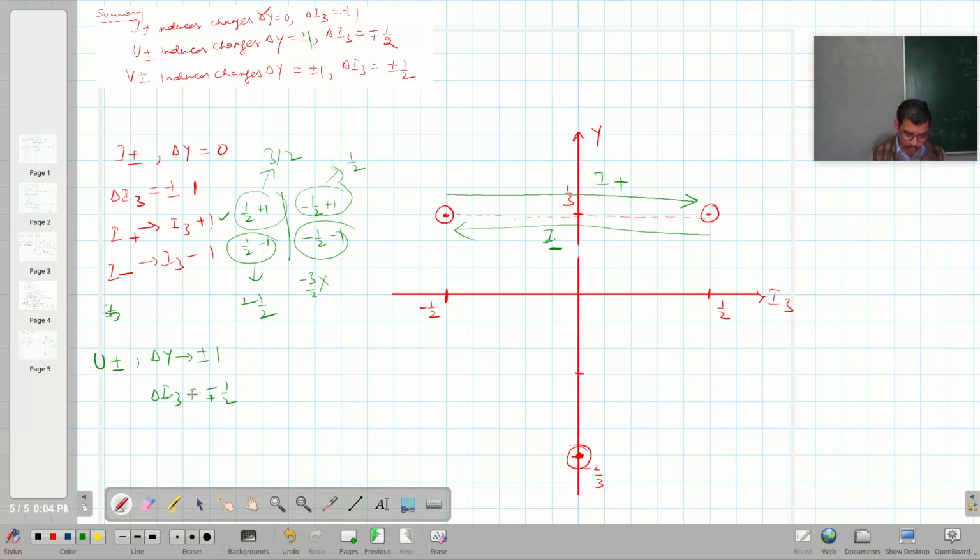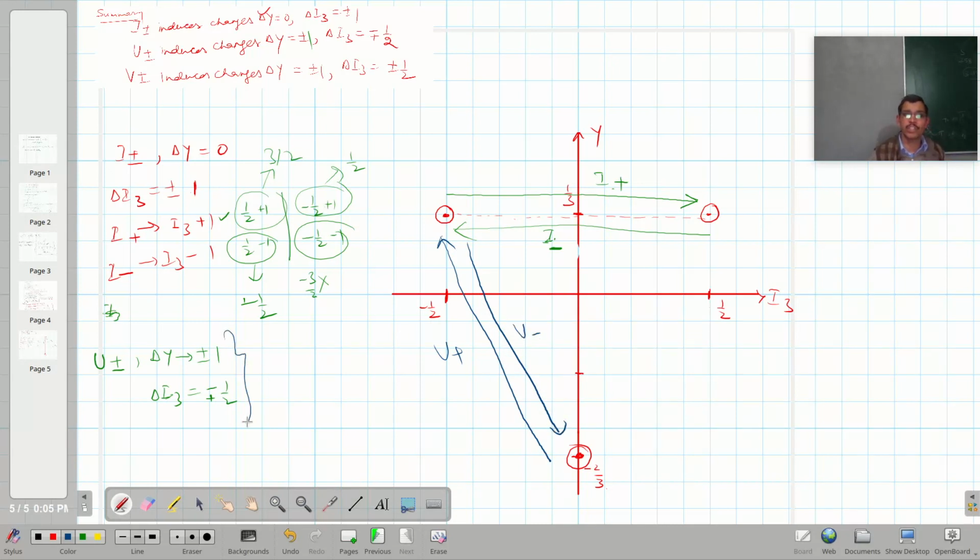So what does it mean? It can be done with the help of this. u plus will do this operation, and this operation can be done with the help of u minus.